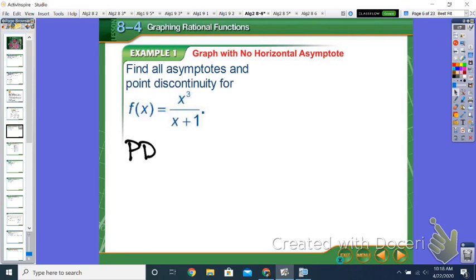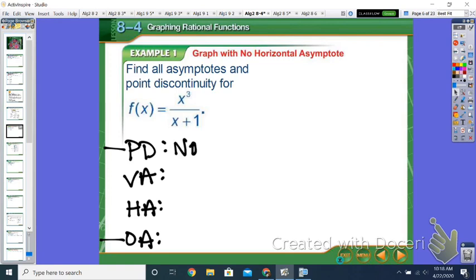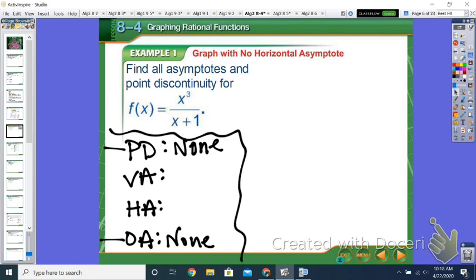You should always start with point discontinuity, vertical asymptotes, horizontal asymptotes, oblique asymptotes. That's basically going to be your setup on all of these, even though we have not talked about point discontinuity and oblique asymptotes yet. So at this point, because we haven't talked about them, there's none for both of those. Okay, but I just want to get used to having that setup.